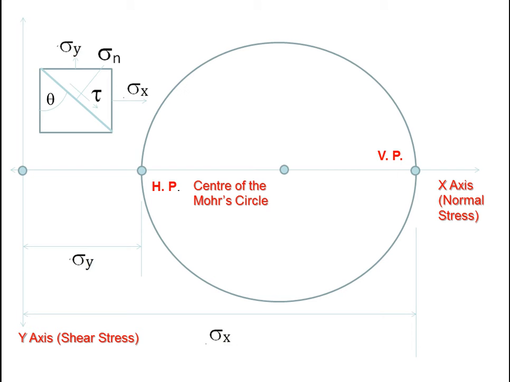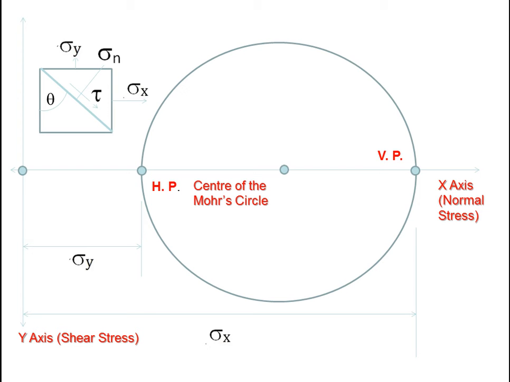We have to mark the oblique plane. The oblique plane is measured theta degrees from the vertical plane. Here in the Mohr circle, the horizontal plane and vertical plane are 180 degrees apart, whereas in the question figure it is 90 degrees. That means any angle taken from the question figure to this Mohr circle is multiplied by 2.